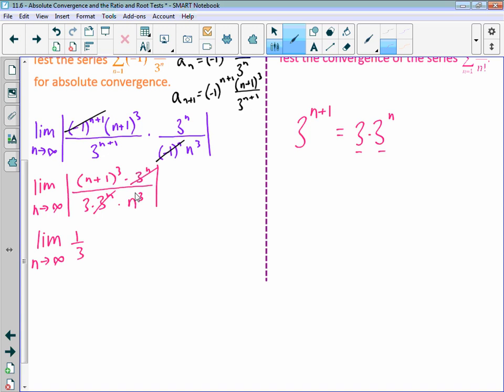No, because it's all positive, right? So I'm getting rid of my absolute values now for that reason. The absolute values really helped with this part here, but then I don't really need them anymore, so we can get rid of them. And this stuff here, do you see how they're both raised to the 3rd power? So you can write that as all one chunk. We've got the n plus 1 over n, all 3rd power. Questions at that spot?